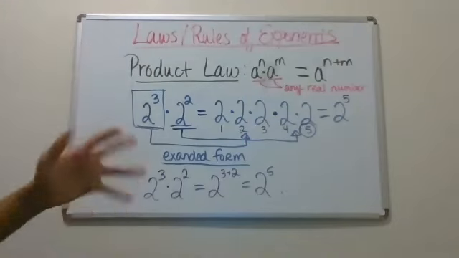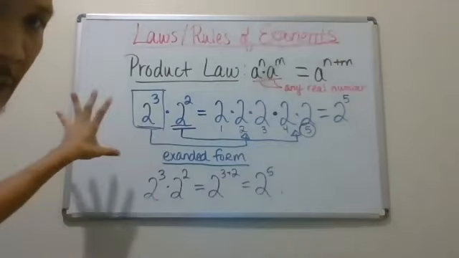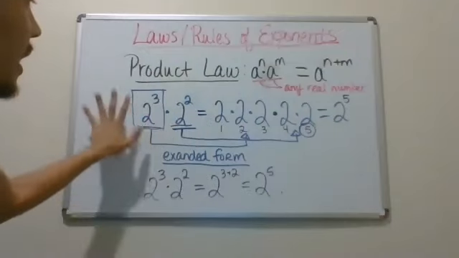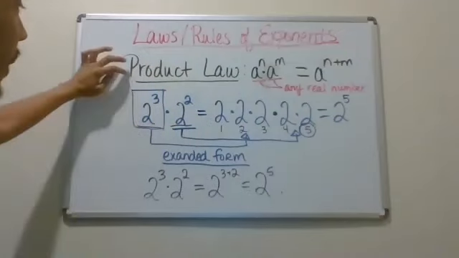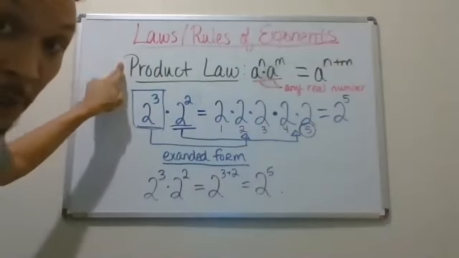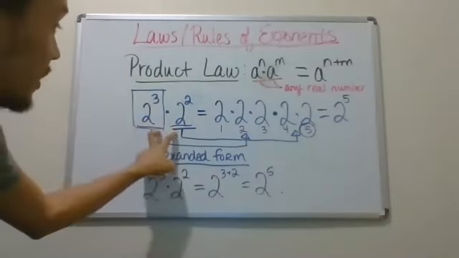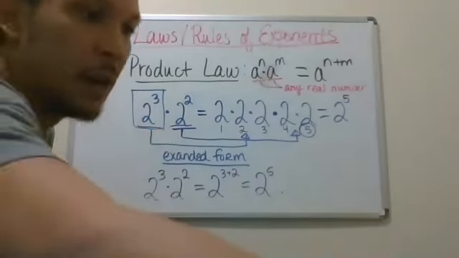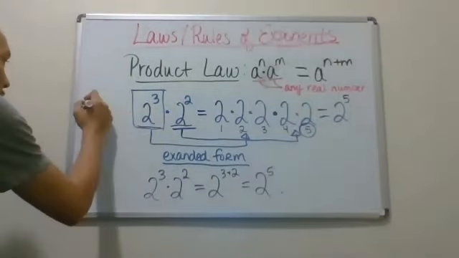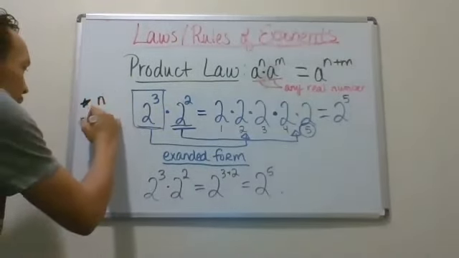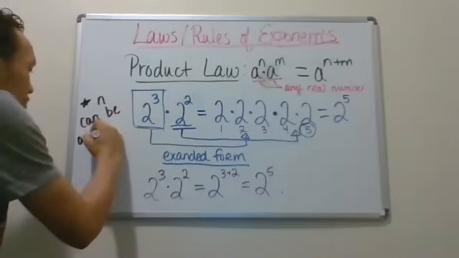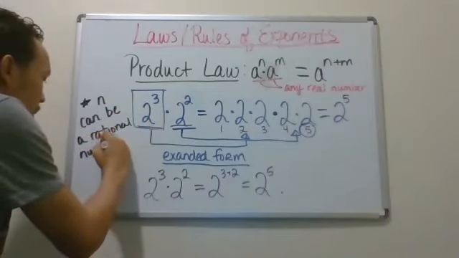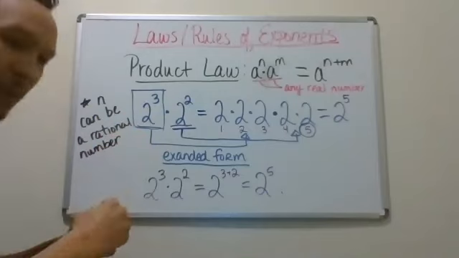All right, so I guess the numeric version works, okay? Now, the thing is this, okay? In college algebra, this is true for integers. These are all integer exponents. The product law also works with rational exponents as well, as long as the bases are the same. And when I say rational, I mean numbers like 1/3. So we're talking about fractions. So side note here, n can be a rational number or simply a fraction, okay?